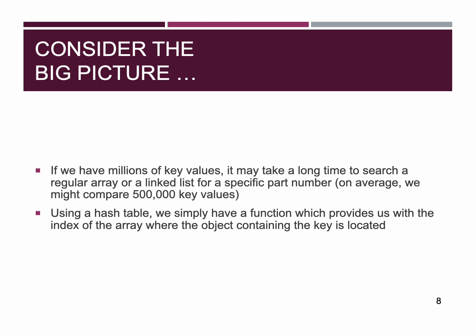Now let's take a step back and look at the big picture. Imagine we have millions of key values and we need to search for a specific item, like a part number. If we were to use a regular array or a linked list for this search, it would take a long time, potentially requiring hundreds of thousands of comparisons on average.